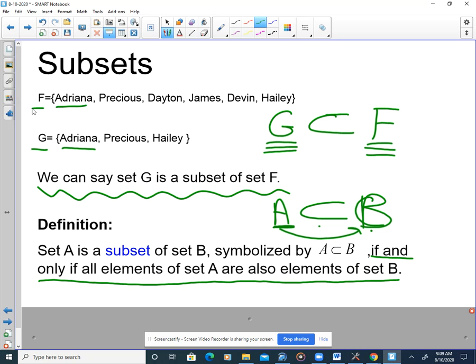Adriana is in F, Precious is in F, and Haley is in F. So everything in G is also in F.